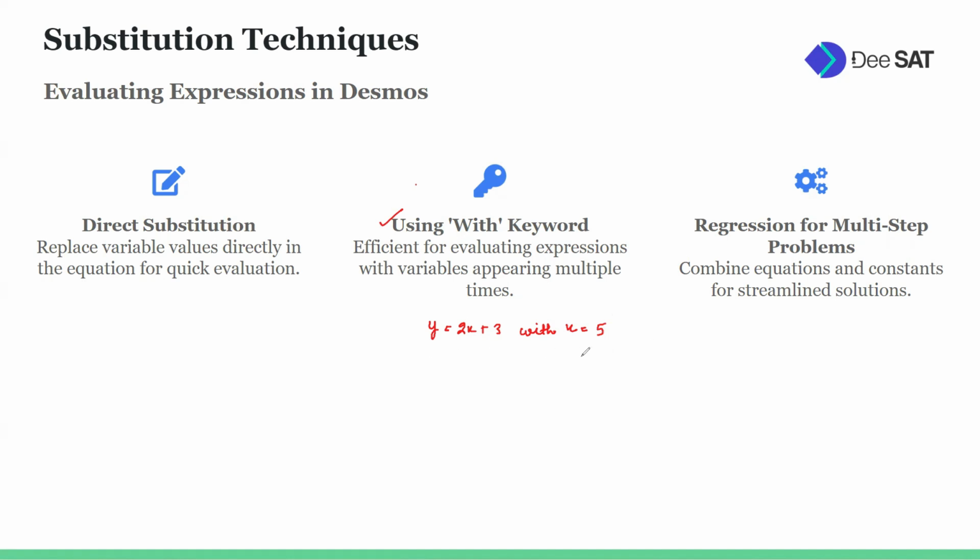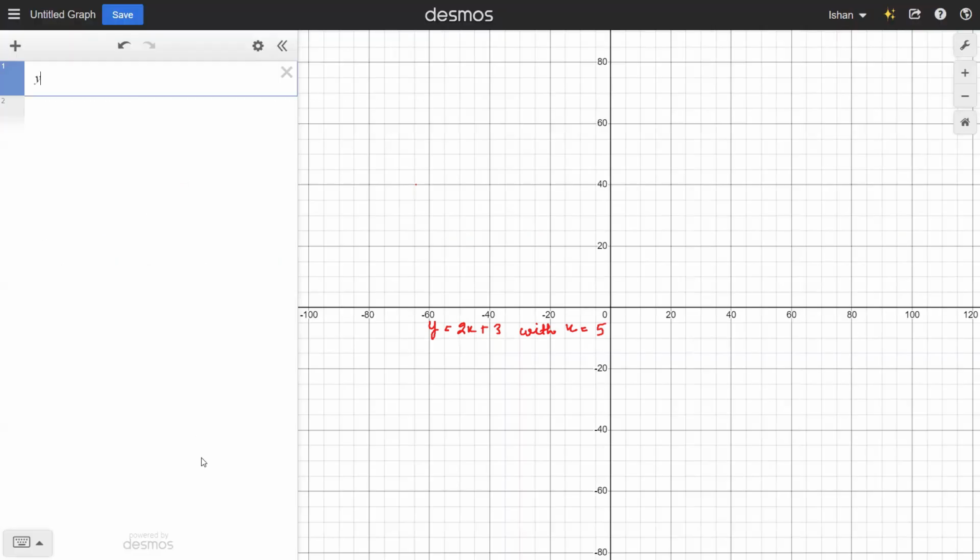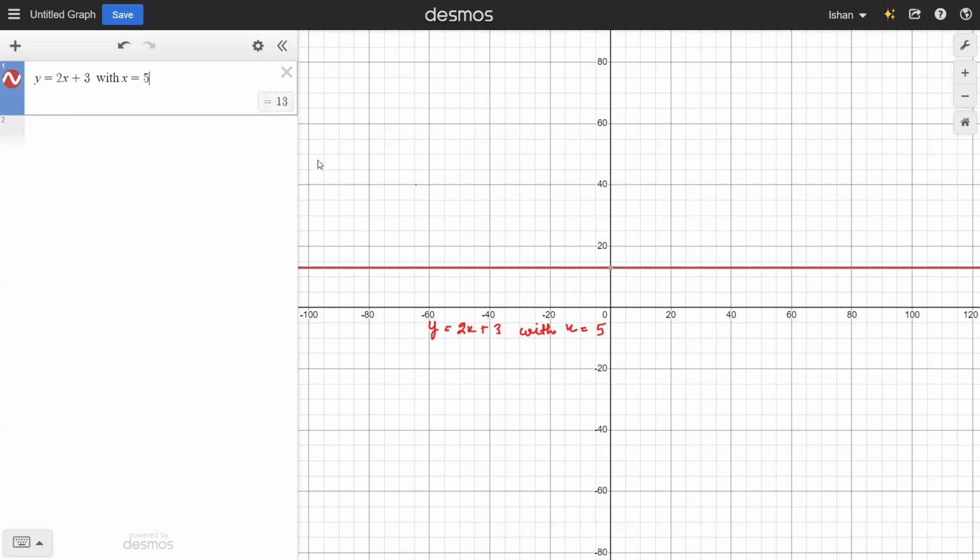It will display the answer. Let's see. If I'm writing y is equivalent to 2x plus 3 space with x equals to 5, it will generate the result as y equals to 13 directly. Desmos automatically evaluates the equation, saving you the trouble of manually substituting x multiple times.